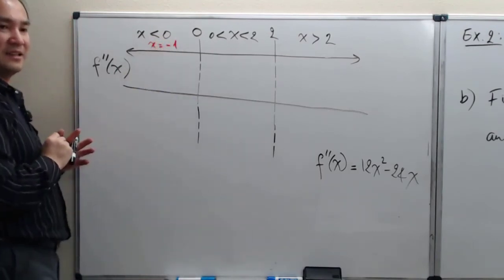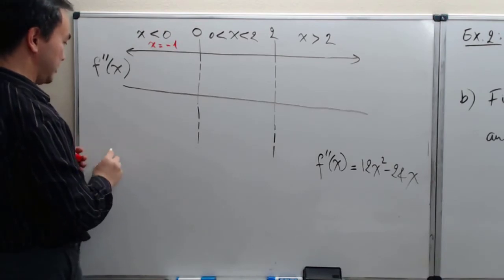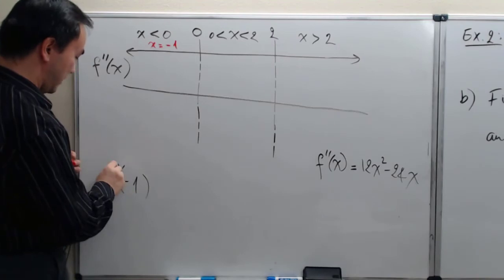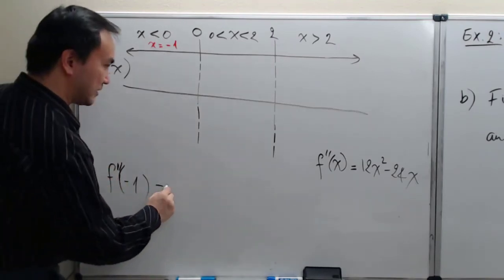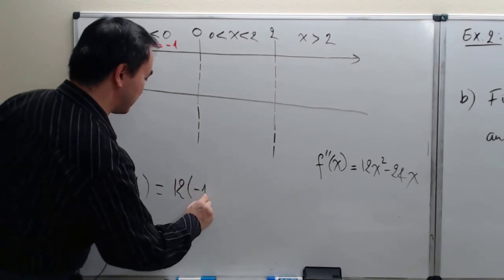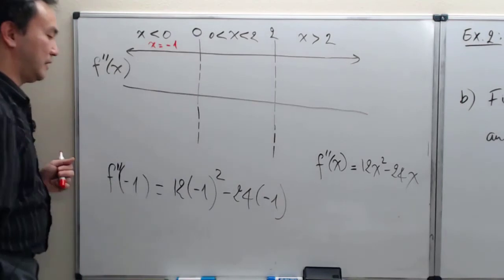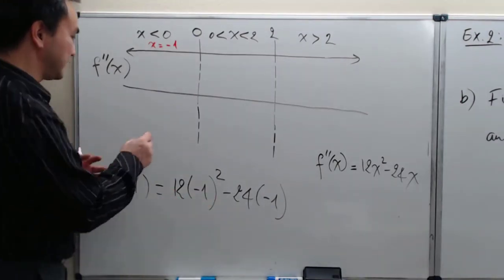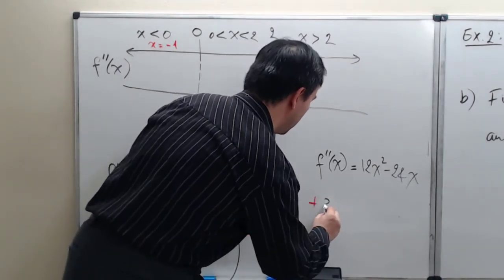Because -1 is clearly in this first interval, I am going to substitute -1 into our f double prime. That gives 12 times (-1) squared minus 24 times -1, which gives me a positive 36.